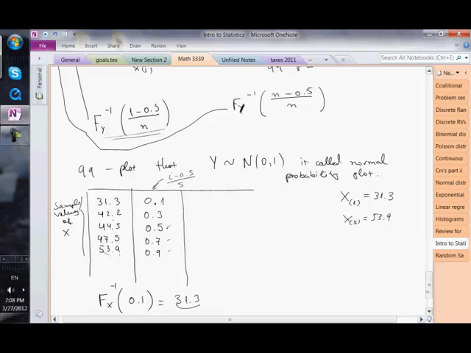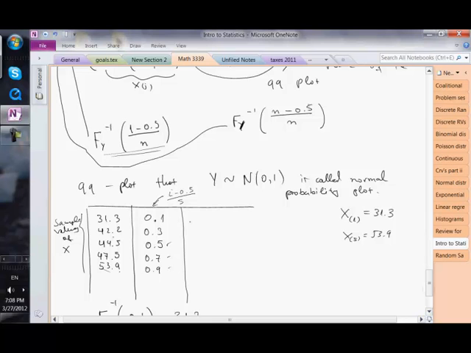Now I'll look at what the corresponding quantile points are for the normal distribution. So I have to look at tables of the normal distribution. I go to the CDF of the standard normal distribution because this is the one I'm plotting against. And we can look at one such table on page 568.